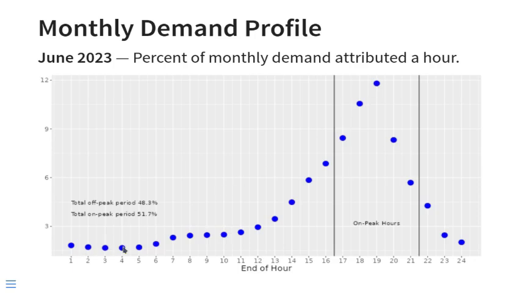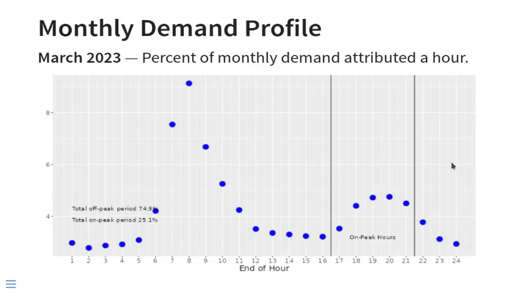And somewhere in the neighborhood of 2% of your demand occurs in your early morning hours. And then what you can actually see here is you got people waking up and the air conditioner turning on, starting to turn on a little higher as people come home from work, and then the sun sets and air conditioning is no longer needed.